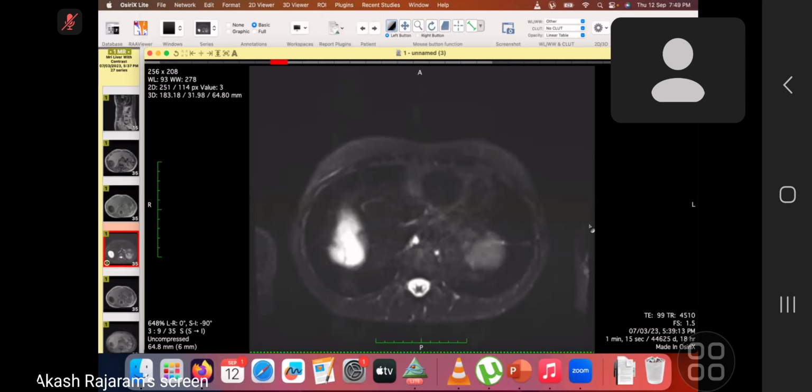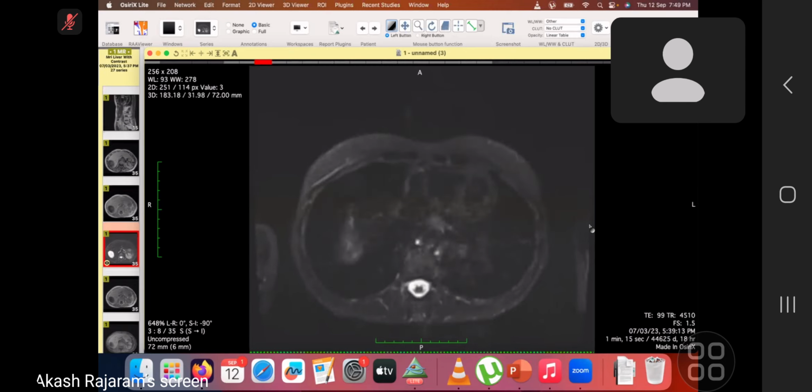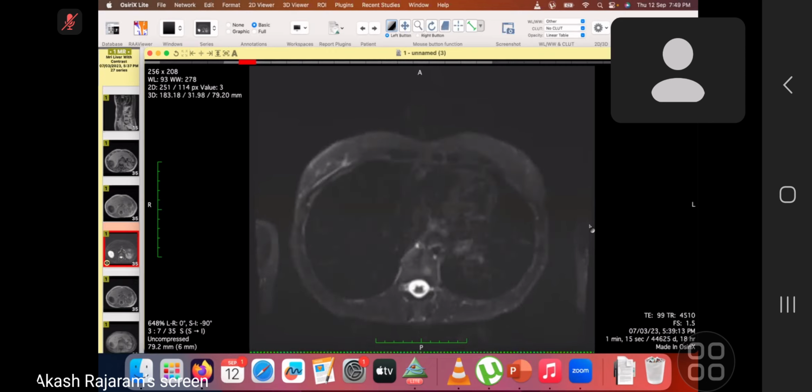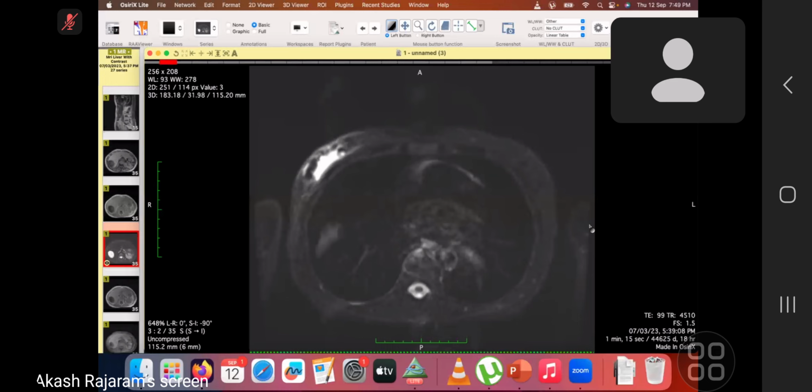As I'm scrolling through, I can see a T2 hyperintense lesion in the area of the right hepatic lobe, and at the same time a T2 hyperintense lesion in one lower thoracic vertebra.